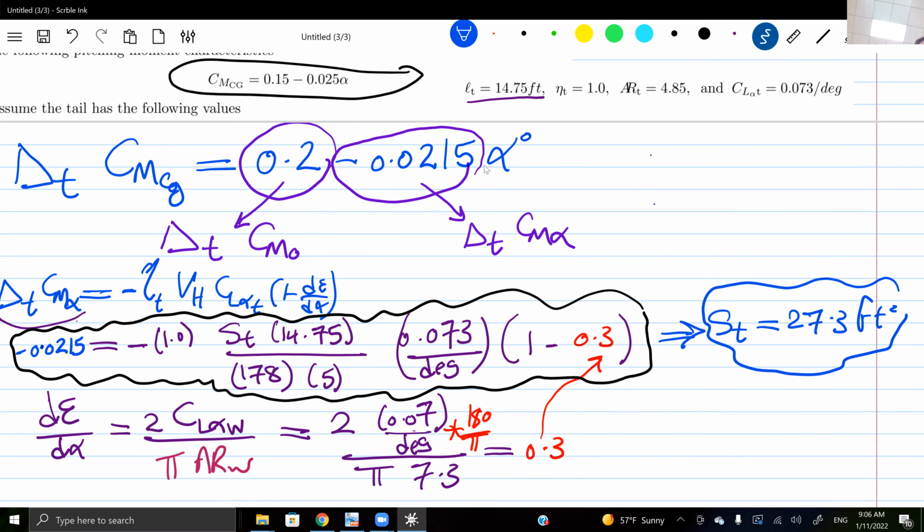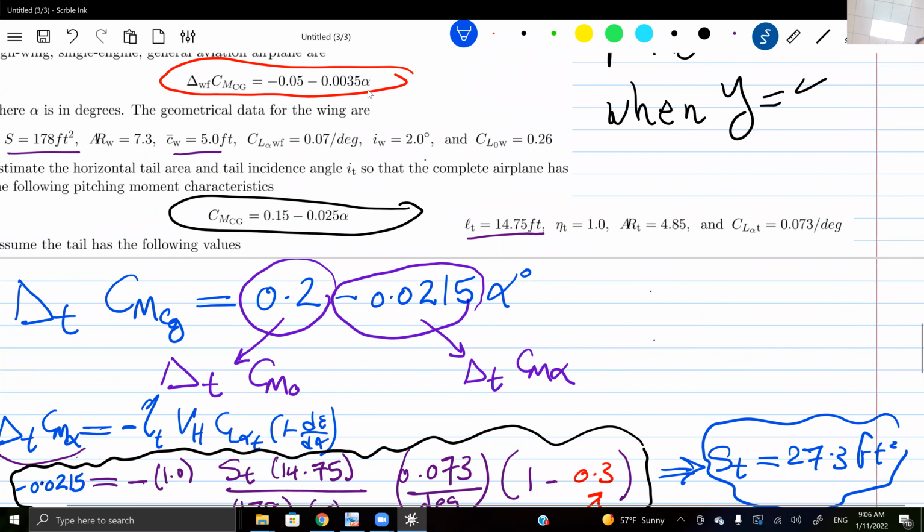So when I see it like this, this is the value that is multiplying alpha. And when we are given this figure, the provider of the figure will always tell you alpha in this figure should be either in radians or in degrees. So here it says that alpha should be in degrees. And if alpha is in degrees, it means that its coefficient is actually per degree.